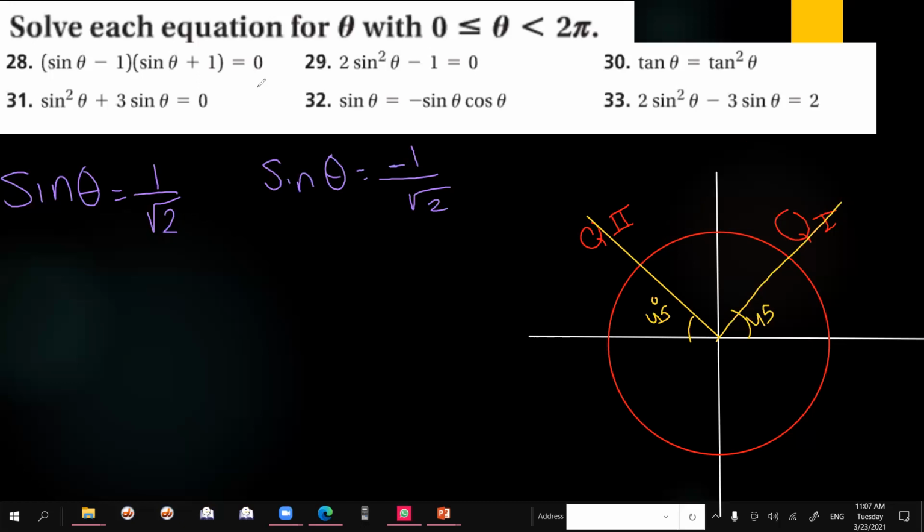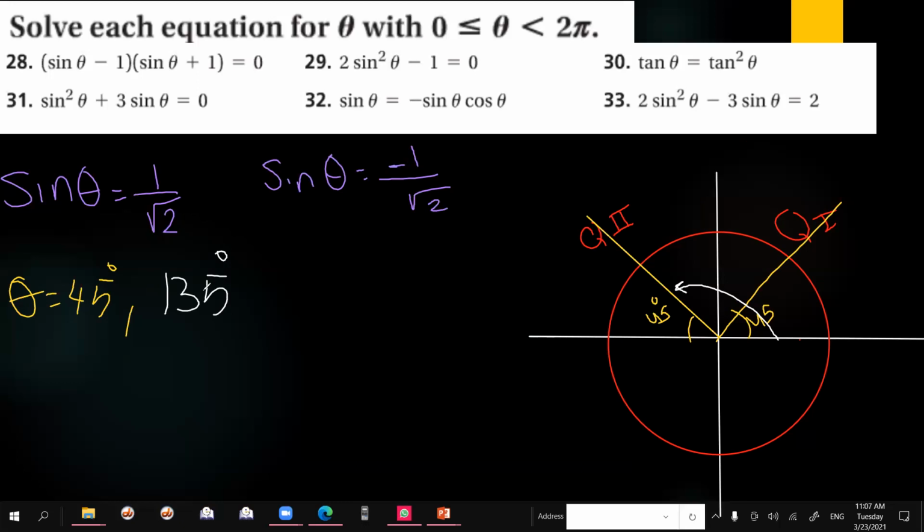Now we need to find these two angles. The first angle is 45. And the second angle, here, we need to find its measure, which is 90 plus 45, which is 135 degrees. So we found now two angles.